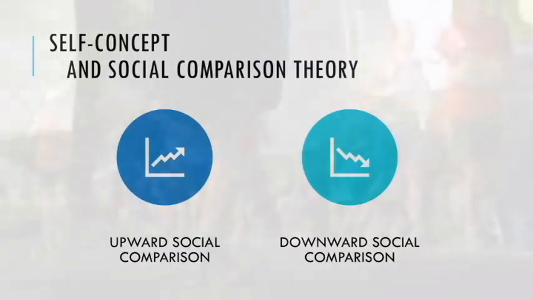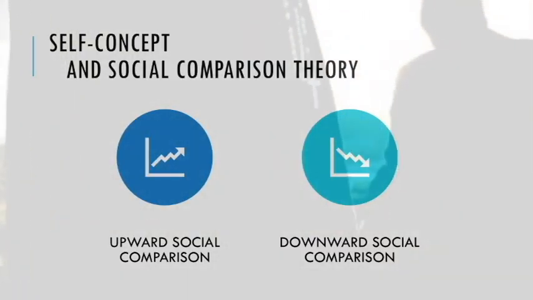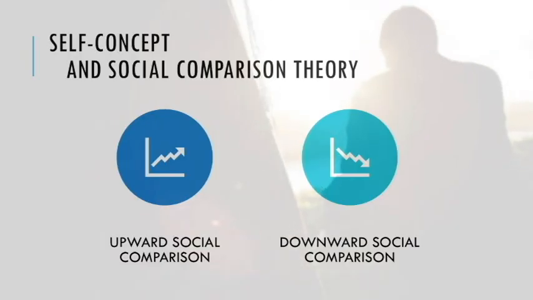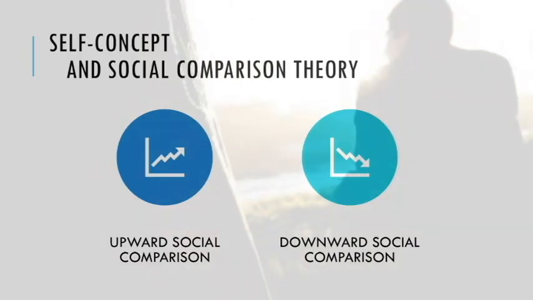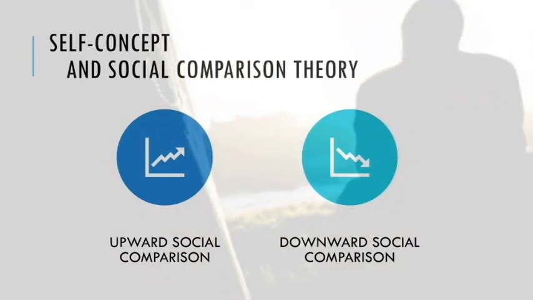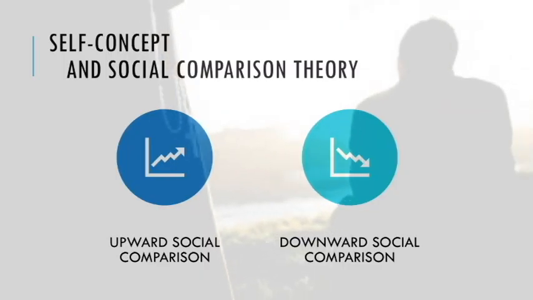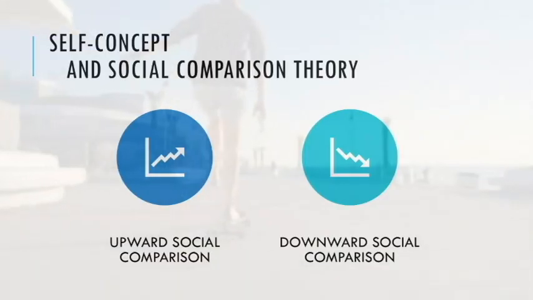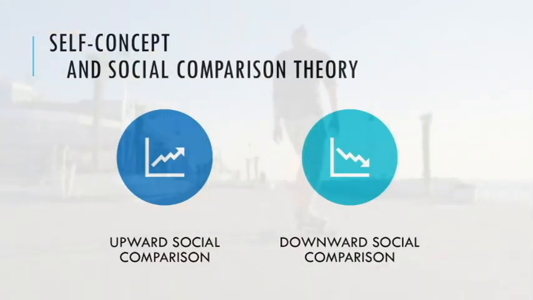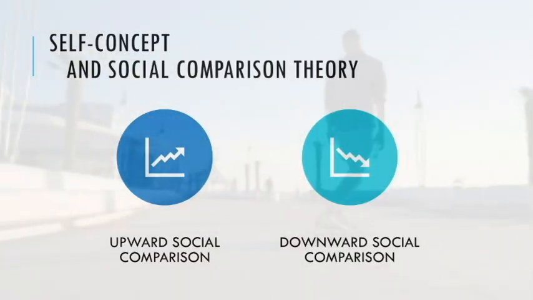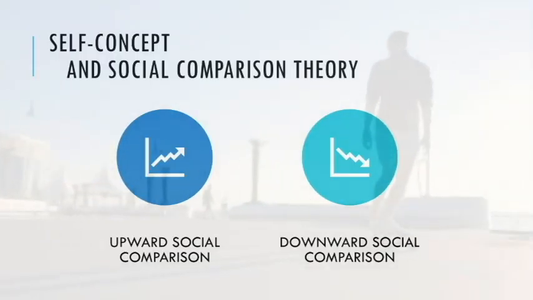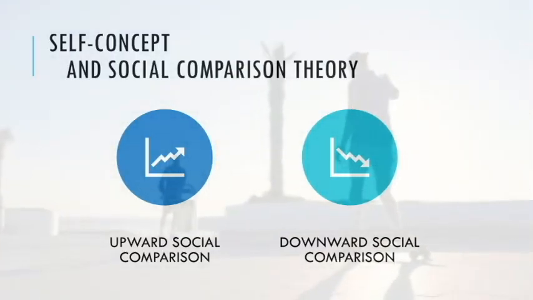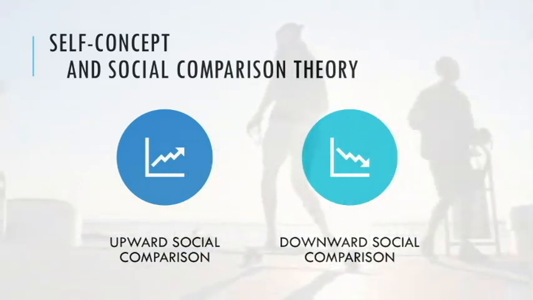And I want you to remember that self-concept and self-esteem shift depending upon our context. And so this really does highlight the dynamic nature of the self and social interaction. So when we think of self-concept, this is that whole collection of beliefs and perceptions that we have about ourselves.